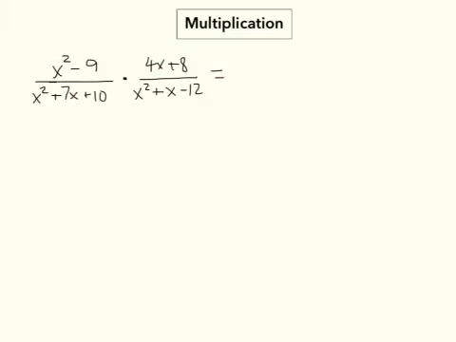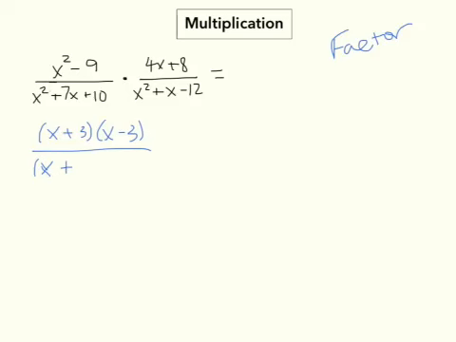So let's try this example. We've got one rational times another rational. We're going to factor first. That was the first step, was to factor. So x squared minus 9 becomes x plus 3 and x minus 3. You got to be good at factoring. X squared plus 7x plus 10 is x plus 5 times x plus 2.